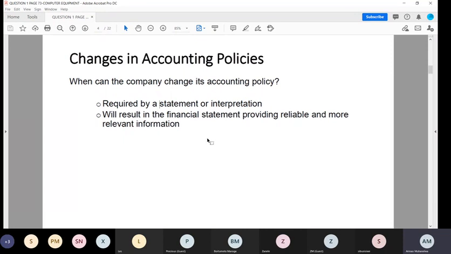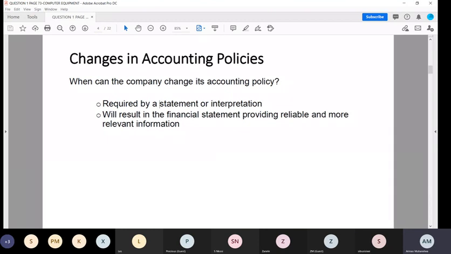So the question is, when can the company change its accounting policy? The standard stipulates that a company can change its accounting policy if it is required by the statement of interpretation. What it means is that if the International Accounting Standards Board decide to revise or to change a standard, it can issue a communication to the companies and all those who use the standards to say, from this date, you must use the new standard. That's one way of looking at it.